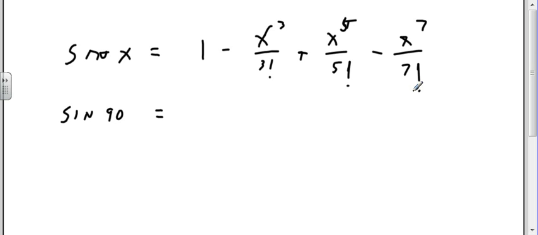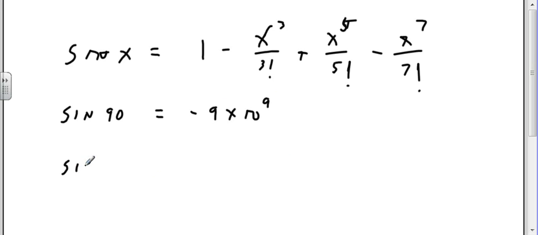And I hit the key and wow, I get minus 9 times 10 to the 9th. That doesn't look like 1 to me, does it?